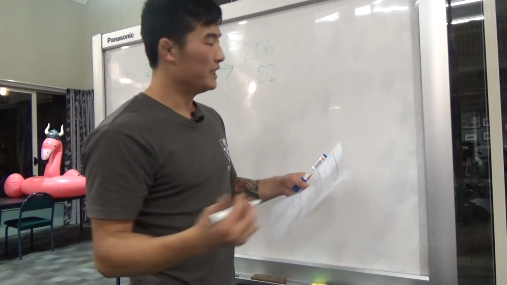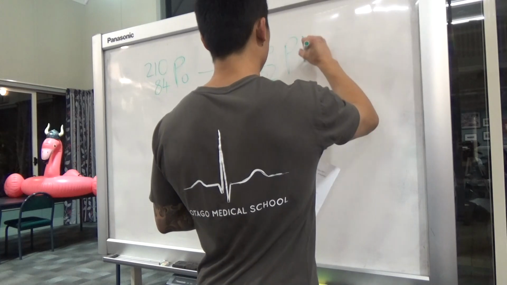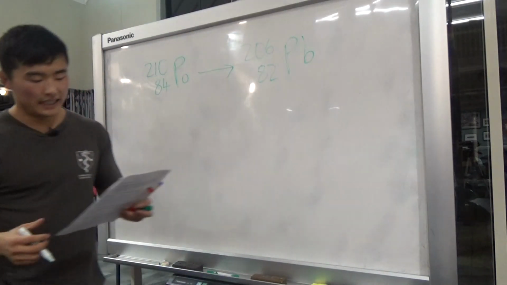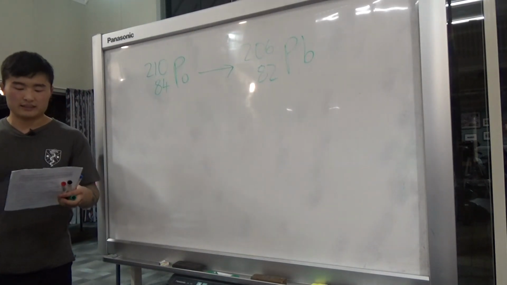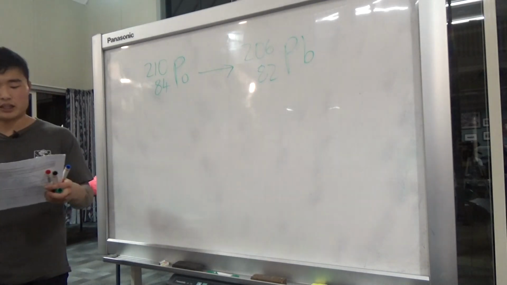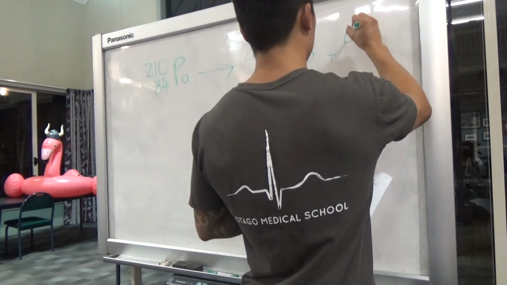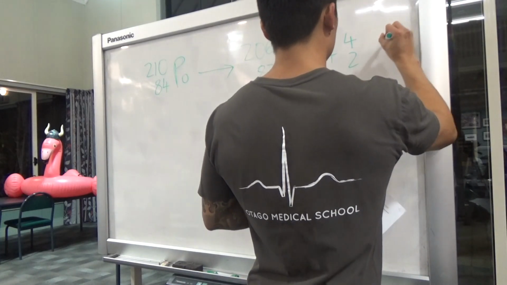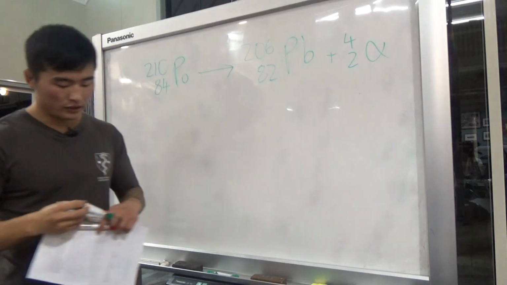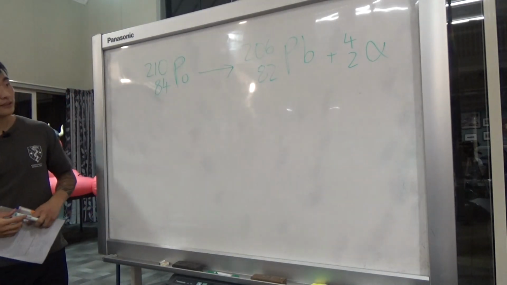Okay, so it's going to be Pb, the symbol for lead, but that's not important. The important thing is the numbers, so that's going to be option E. Okay, and because you're going to be producing an alpha particle, which is 2 protons and 2 neutrons.